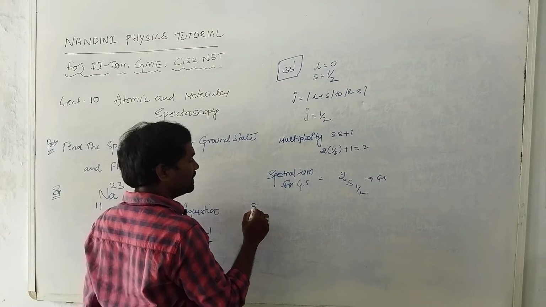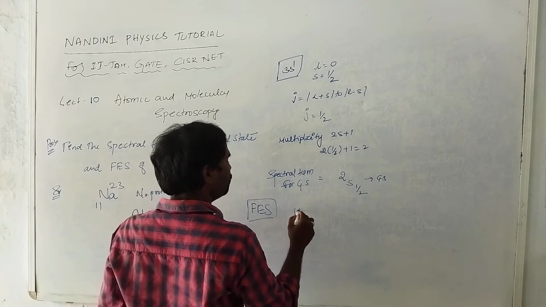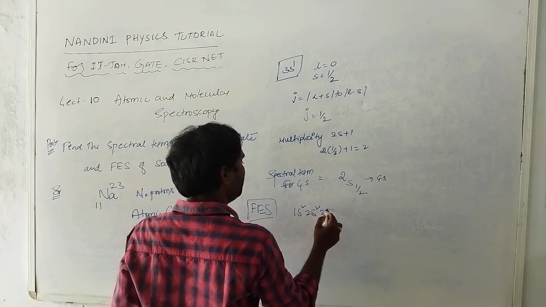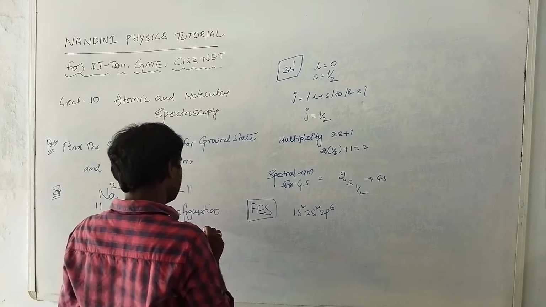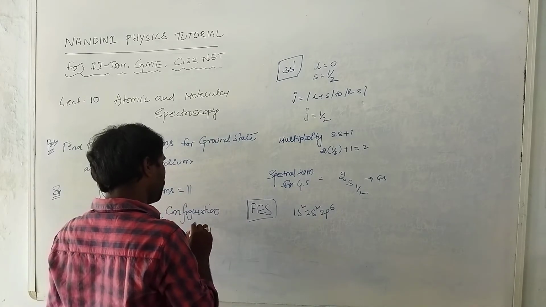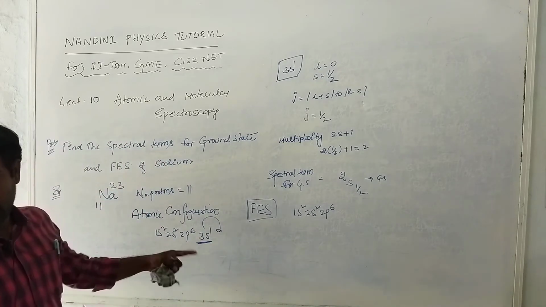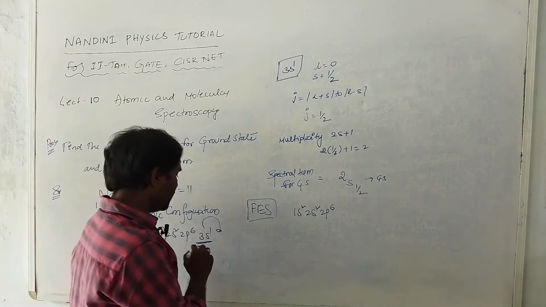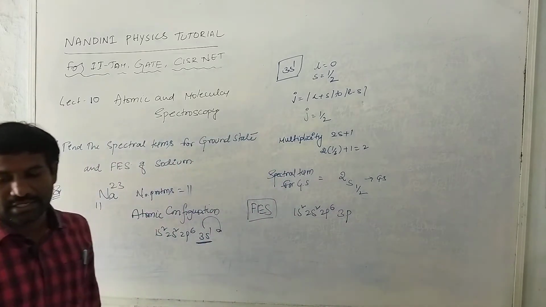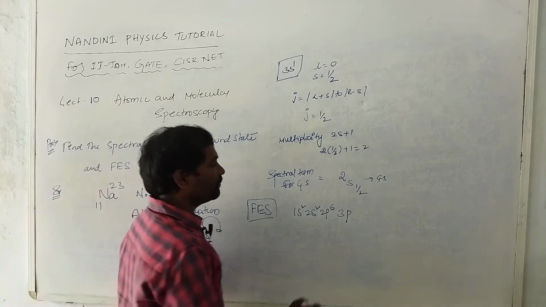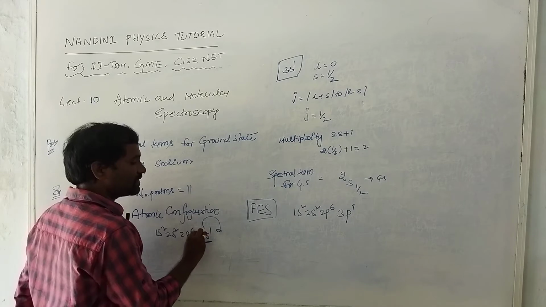The first excited state, FES: 1s2, 2s2, 2p6, so 10 electrons are completed, and first excited means the one electron is shifted to another state. It will be shifted to the 3p state, because the electron jumps from the S state to the P state.